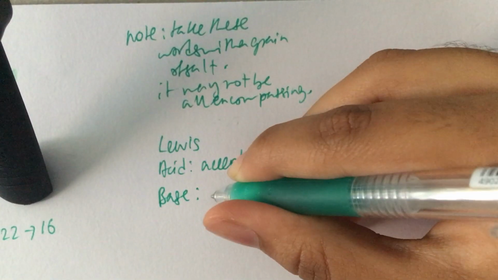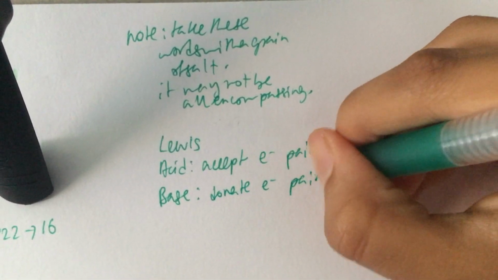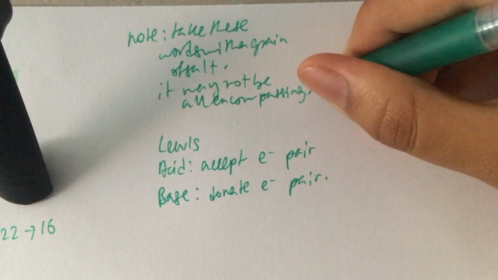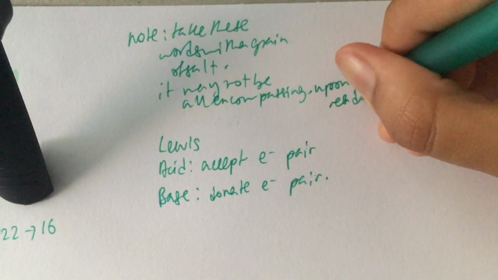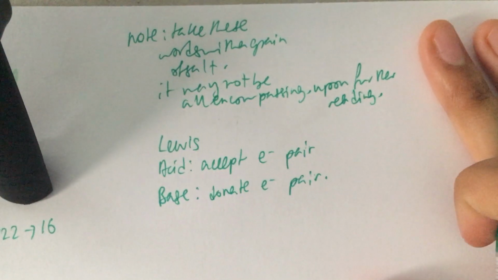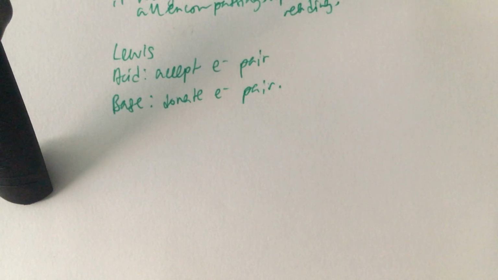Well, if you want to base it on your understanding of proton acceptors and donors, the acid will donate a proton, right? So when it donates that positively charged thing, it becomes negative in a way. So you imagine it as accepting electrons. Okay, this is just a way for you to remember which one is which.